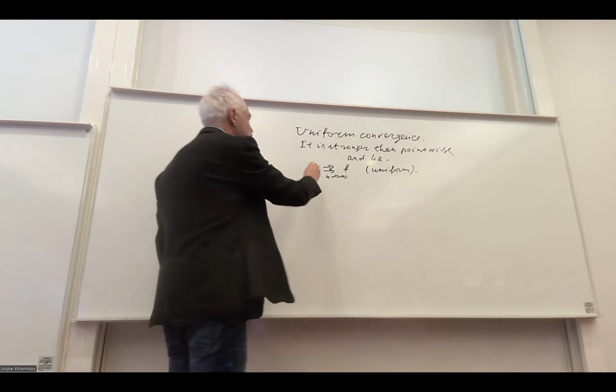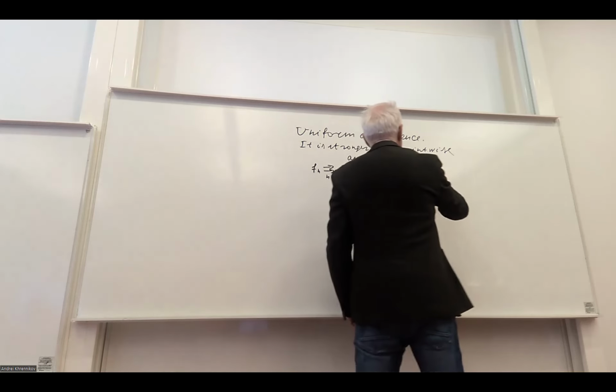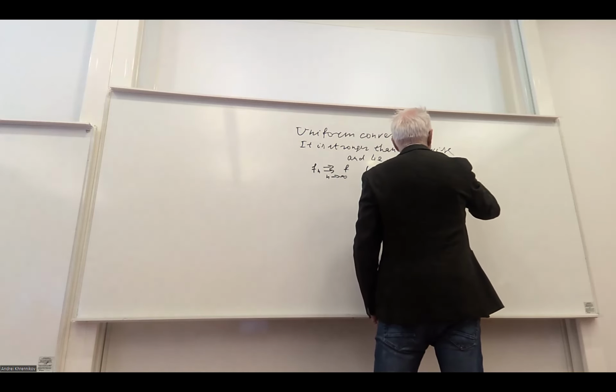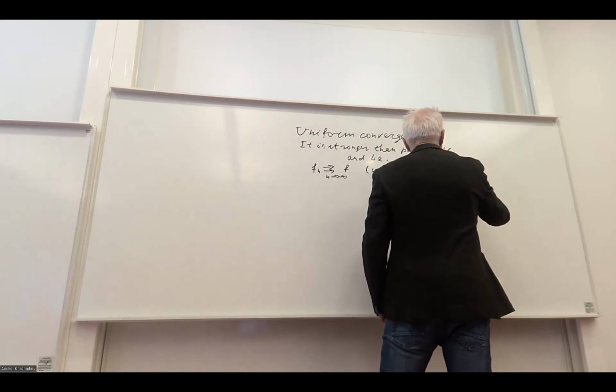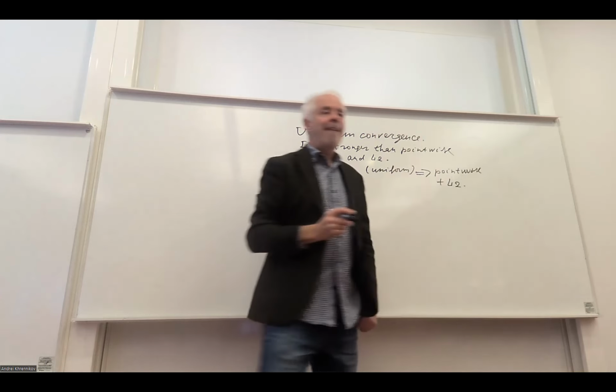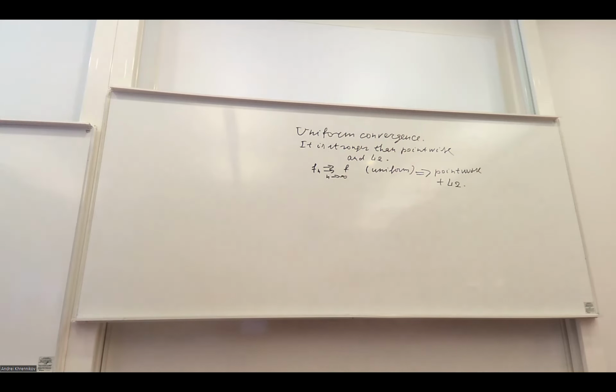And if a sequence converges uniformly, it implies pointwise convergence and implies L2 convergence. So if we are lucky, for example, that a Fourier series converges uniformly, then of course it converges pointwise and even in L2.